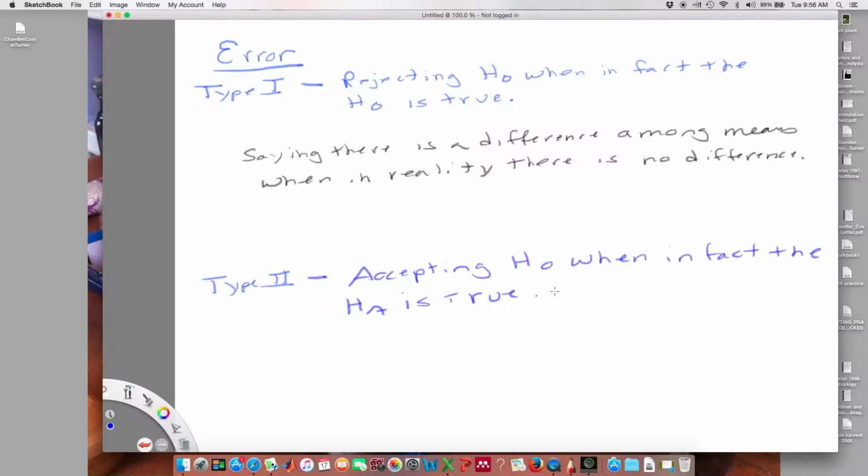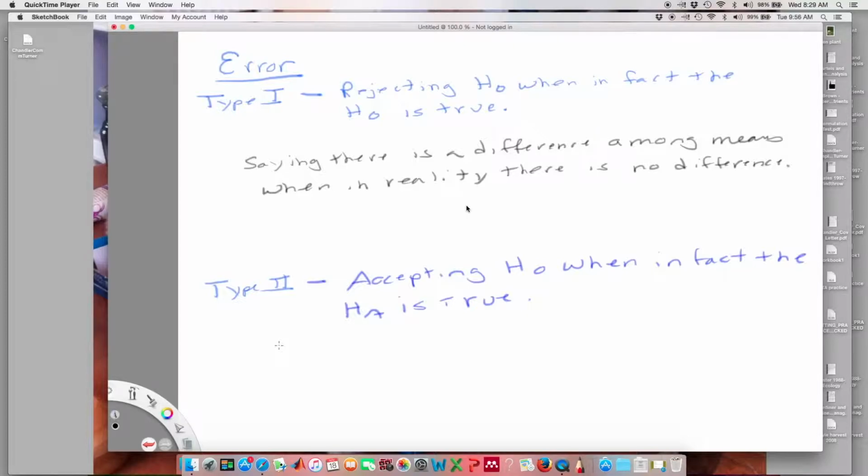Okay, so accepting the null hypothesis when in fact the alternative hypothesis is the one that's true. So in other words, this would be saying that there is no difference among the means when in reality and unbeknownst to us, there actually are real differences.